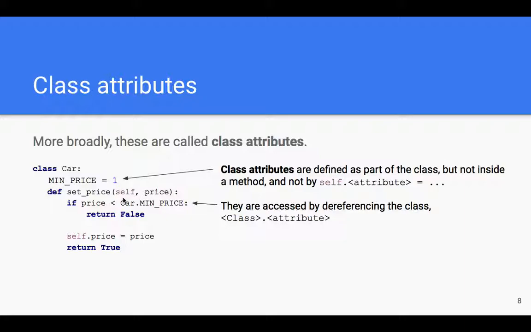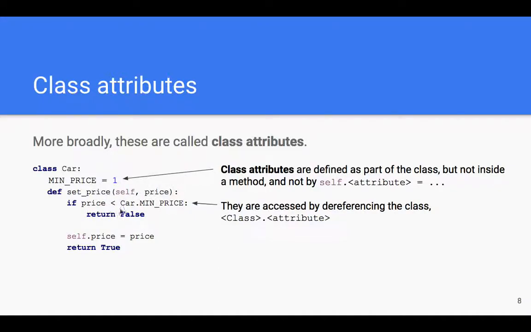Now, more broadly, a class symbolic constant, the way we define it, is really just an example of class attributes. These class attributes, as we already saw, are defined as part of the class. So they're indented inside a class, but they're not inside a method, right? This is outside a method, but inside the class.